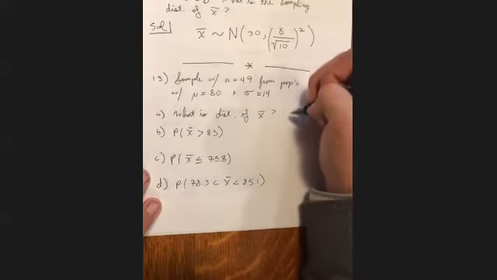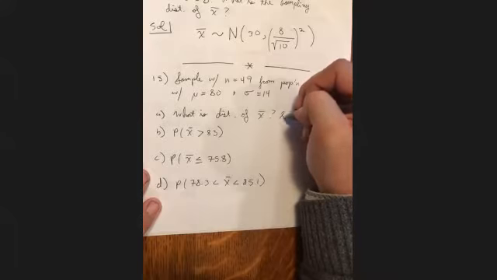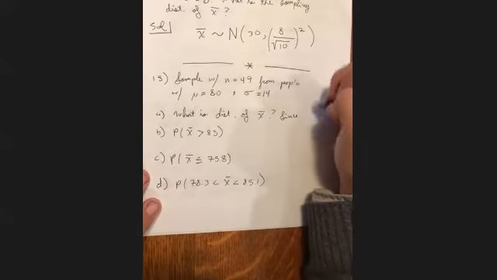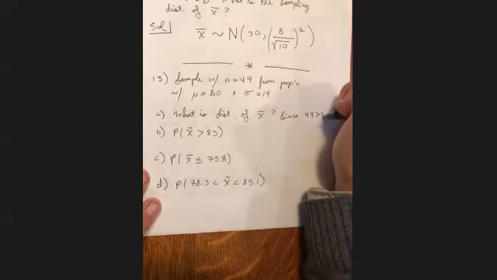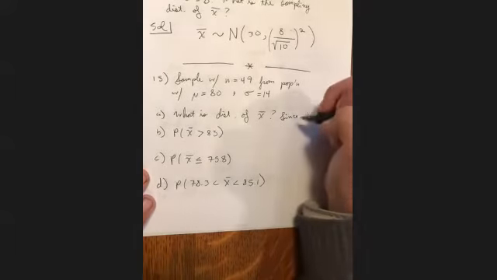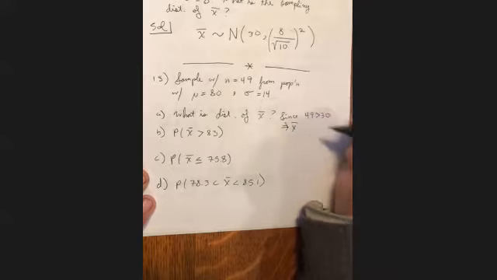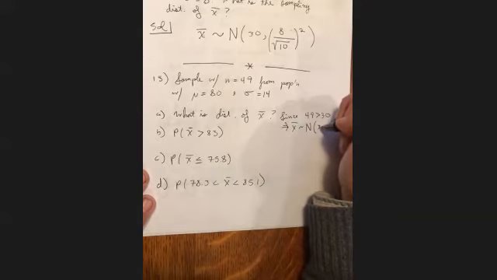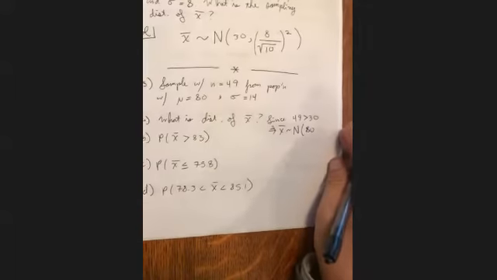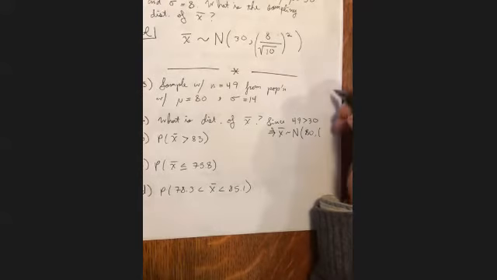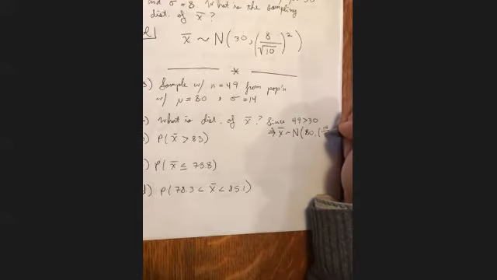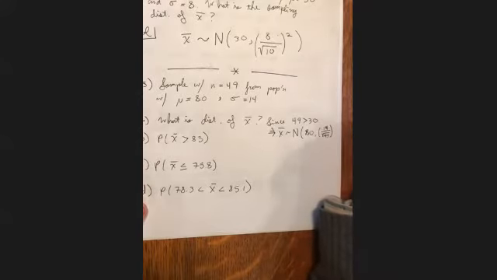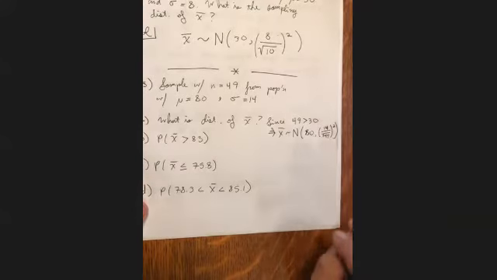So the answer is, since 49 is greater than 30, X bar is normally distributed with a mean of 80 and a variance of 14 over the square root of 49, which is 7, right? I'll just write it out. You can simplify this, and that would be squared for variance.